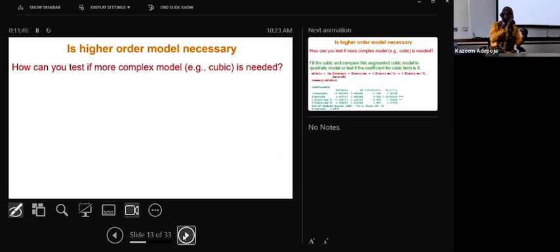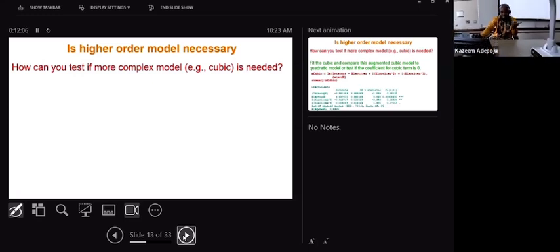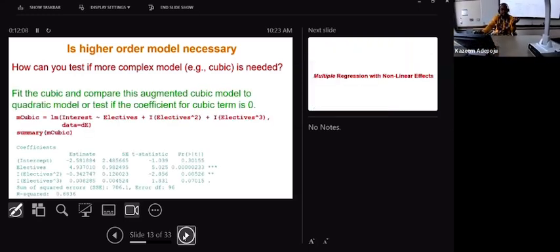Considering one bend, we saw an improvement. Can we think of considering a higher degree polynomial? That's why I asked, how can you test if a more complex model, that is a cubic, is needed? The only way is to test statistically, incorporate that, and check the p-value.